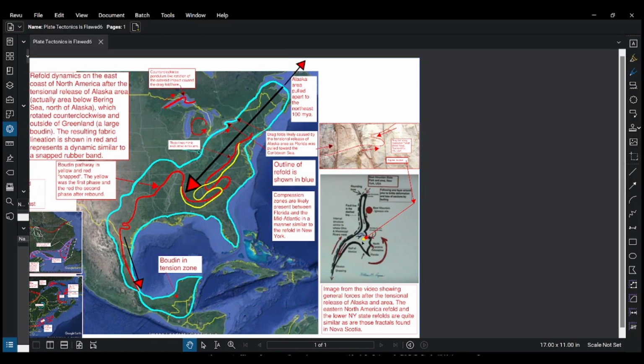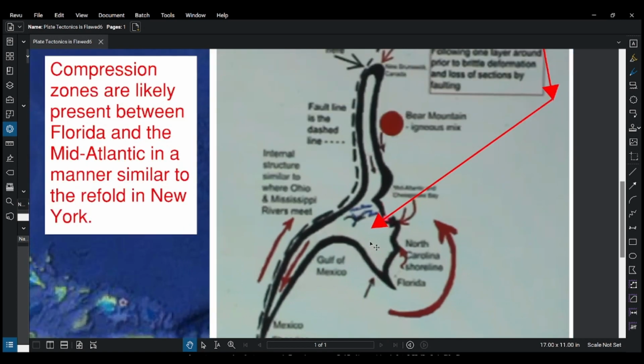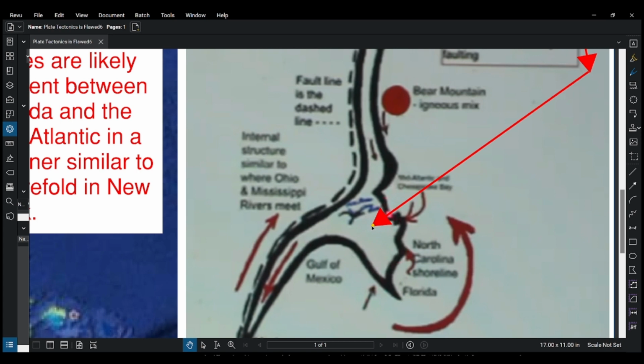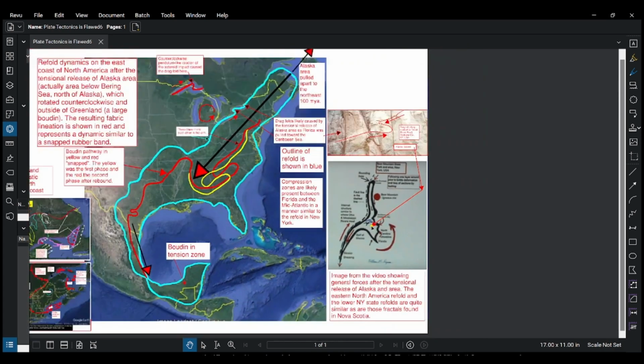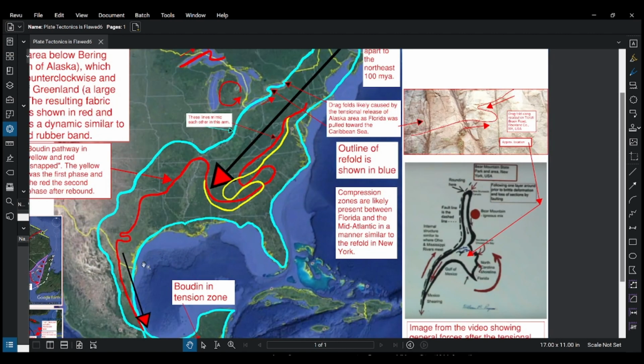Now, where that was found is in a mapped out refold subdivision structure in the area, which is in black. Drag fold meaning when that rubber band snapped, so to speak, it got dragged down faster on the left side. So you see it drag down more on the left side versus the right side. That's why it's making the S.